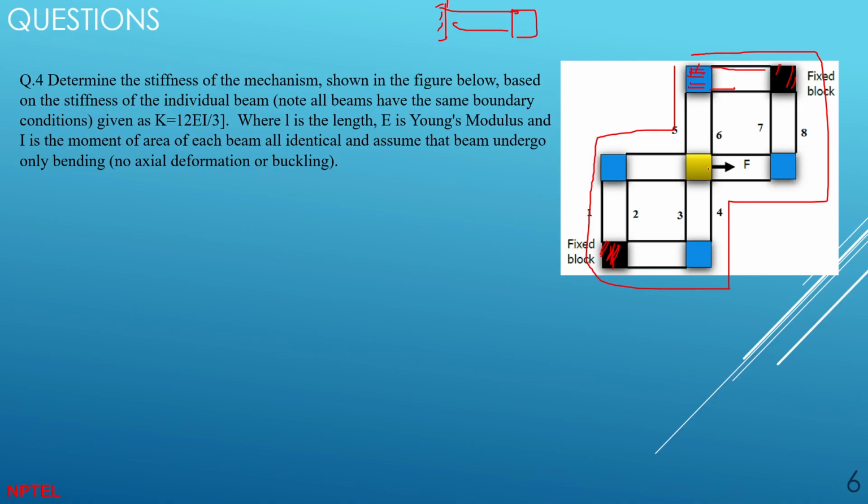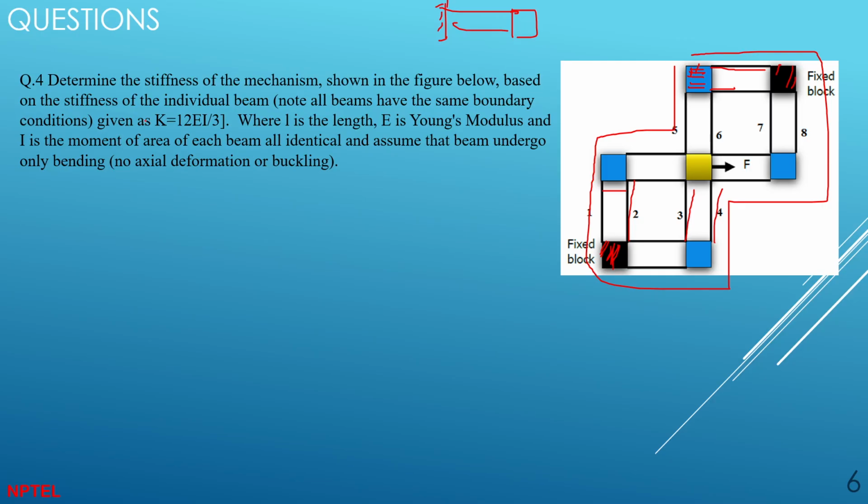a mass m here. So what will happen due to this force applied? There will be some kind of a deflection. If you apply something like this, the whole body will move like this. Some small deflection will happen here, and they want you to determine the stiffness of the whole mechanism.